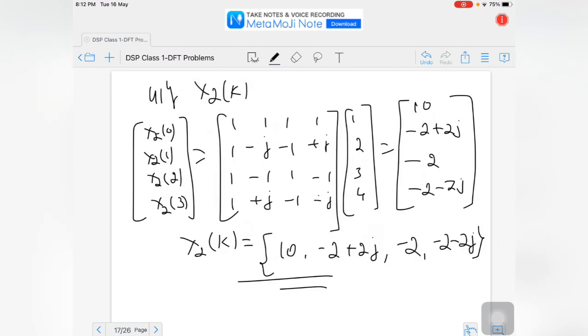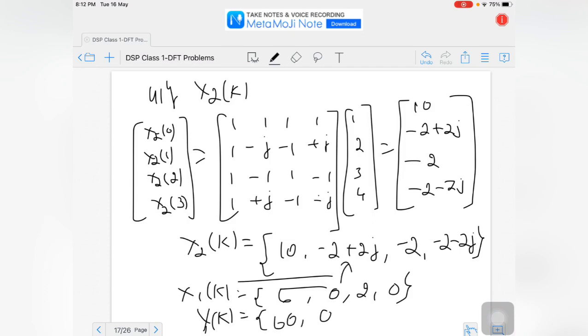So with x1 of k equal to 6, 0, 2, 0, you multiply and get y of k. 10 into 6 is 60. 0 multiplied by anything is 0. 2 into minus 2 is minus 4. 0 multiplied by anything is 0.